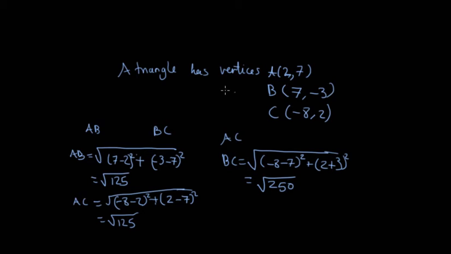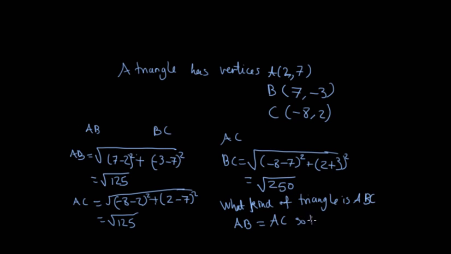Now, what kind of triangle is ABC? If we look, AB equals AC.